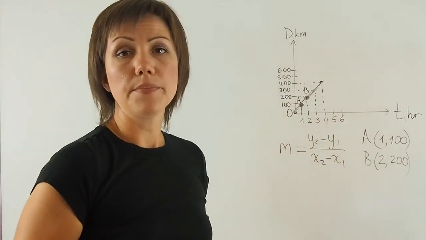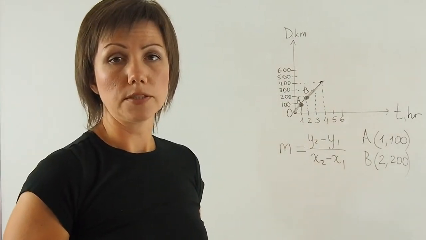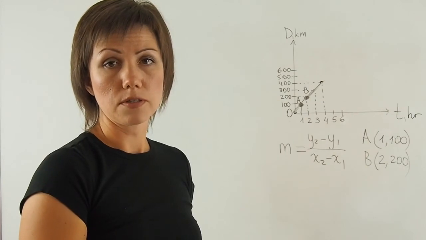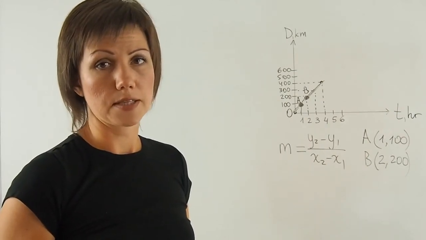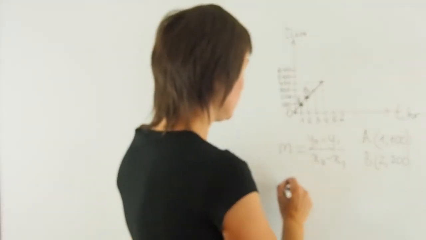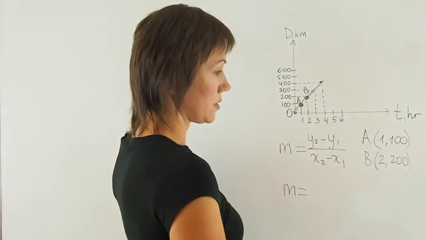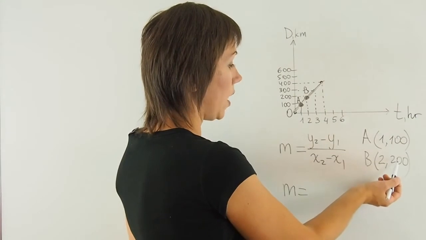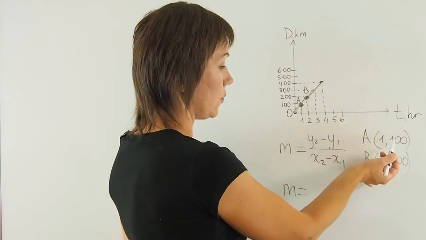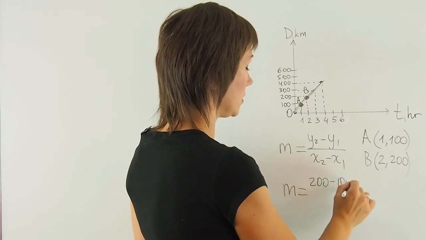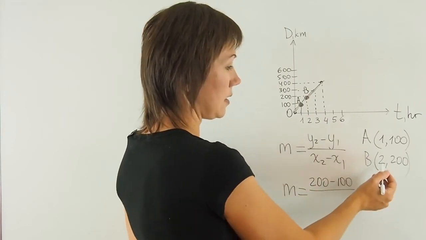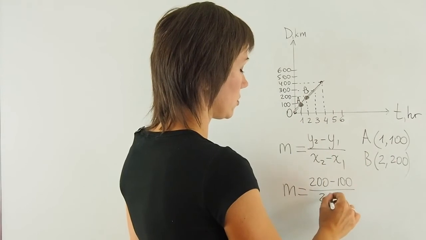It doesn't really matter whether you are taking A as your first or B as your first. You will still get the same answer. So let's set it up in terms of values. y2 minus y1, 200 minus 100. x2 minus x1, 2 minus 1.